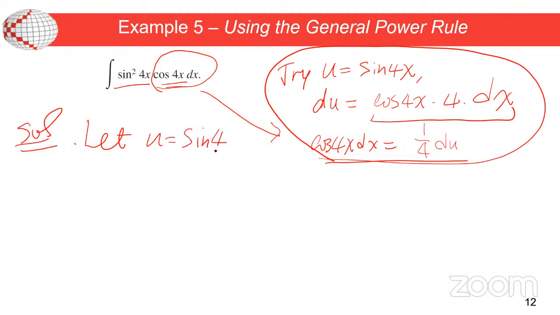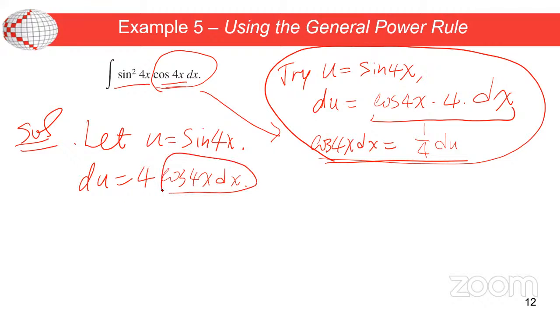So we said u equal to sine 4x and du is 4 cosine 4x dx. So let me just rewrite it slightly differently, and you can now solve for cosine 4x dx.